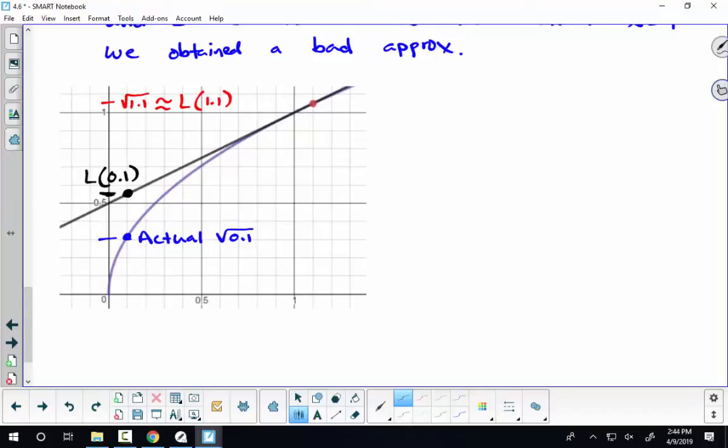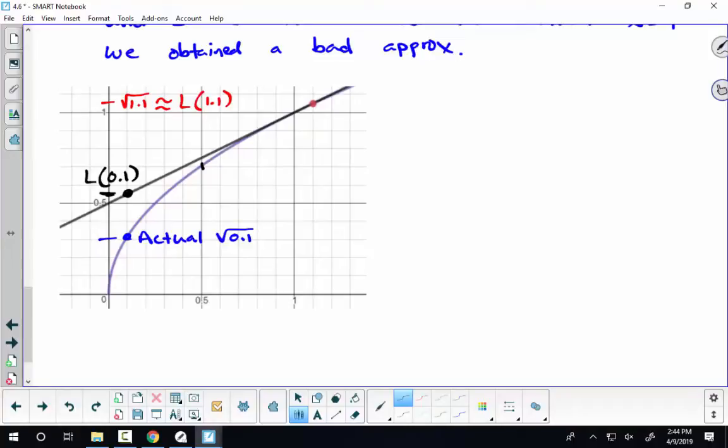It's almost like we can look at a graph and vertically measure the difference between the line and the function to see immediately that any of these x values, probably from here to the origin, are pretty bad approximations, and they just keep getting worse and worse as we get closer to 0.